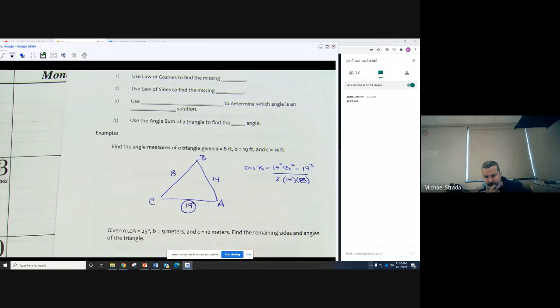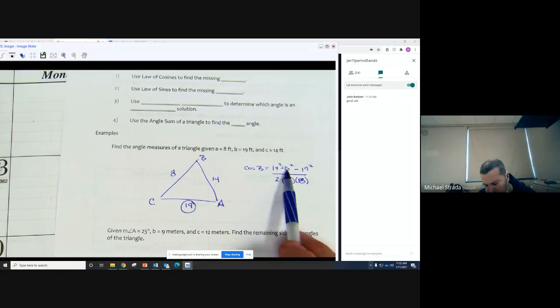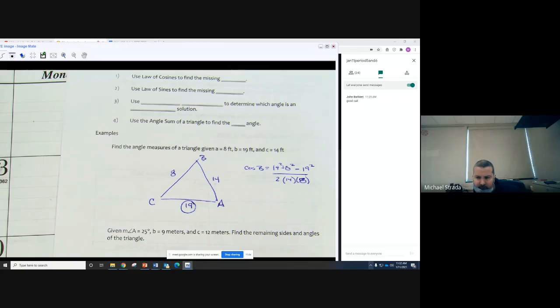These should always match up with those. You can switch those if you'd like. But now it's going to be mathematical.